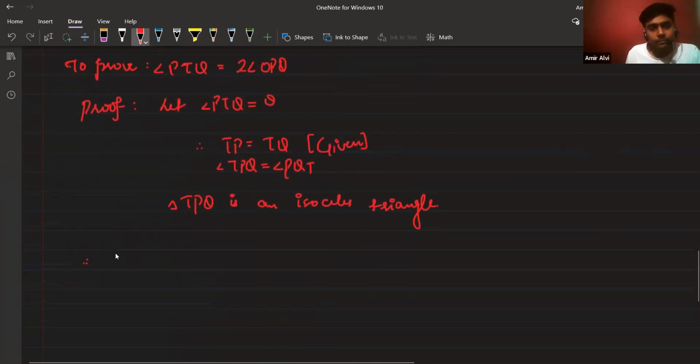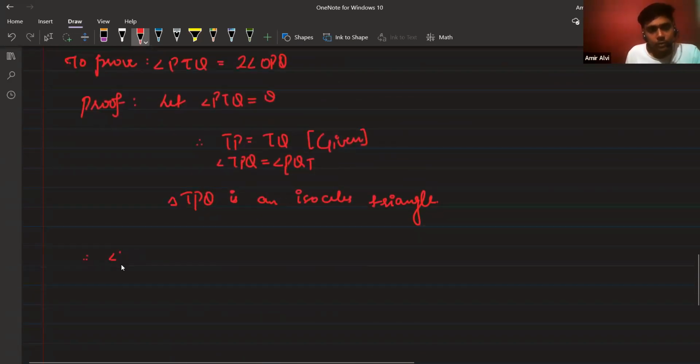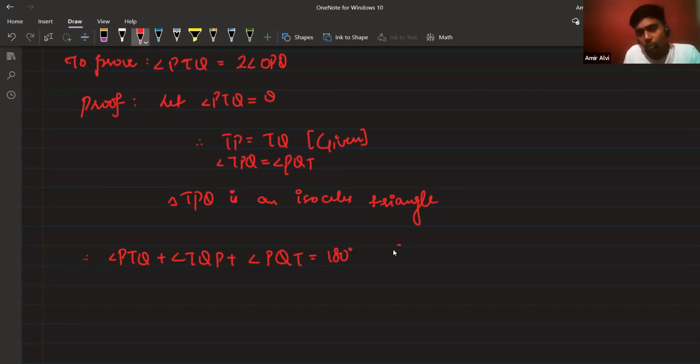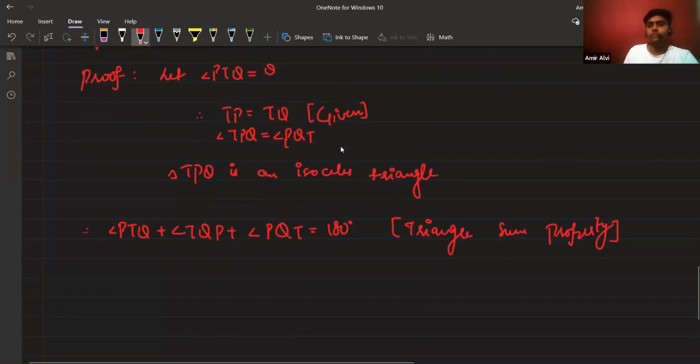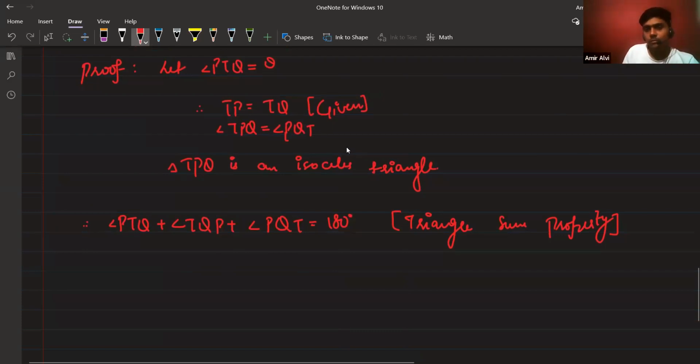Angle QTP, or say PTQ, plus angle TQP plus angle PQT is equal to 180 or not? Triangle sum property. Then I guess it's angle sum property, right?